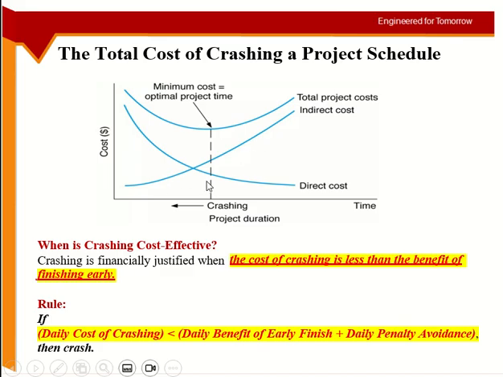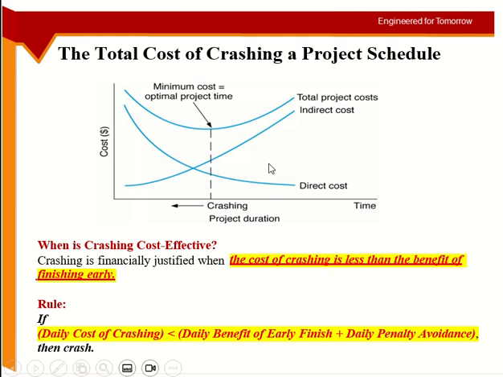And the other thing is you are reducing the duration of the project, so the number of days on the project will be less. Every day you are working on the project, you are consuming electricity, water, transportation. So when you reduce the number of days, your indirect cost is reducing in this manner.